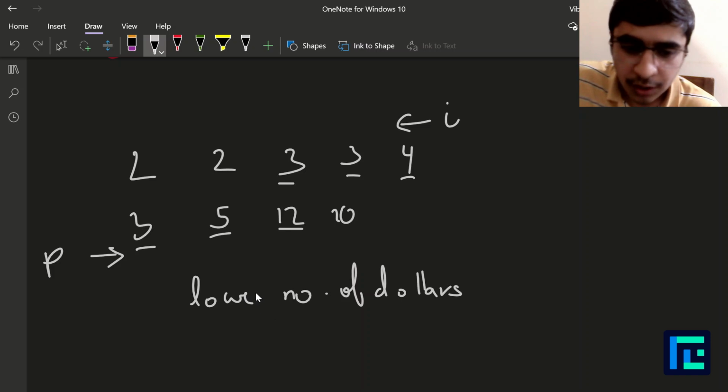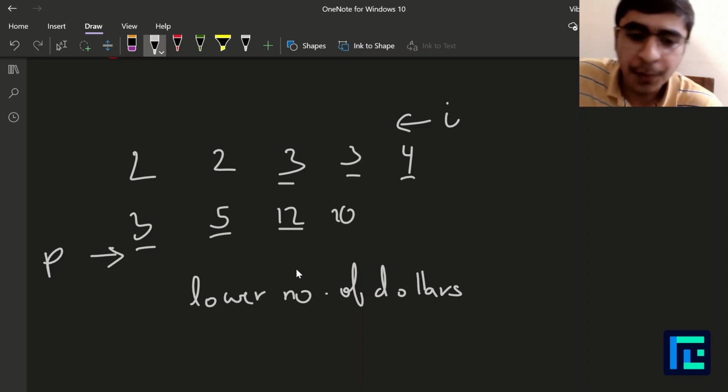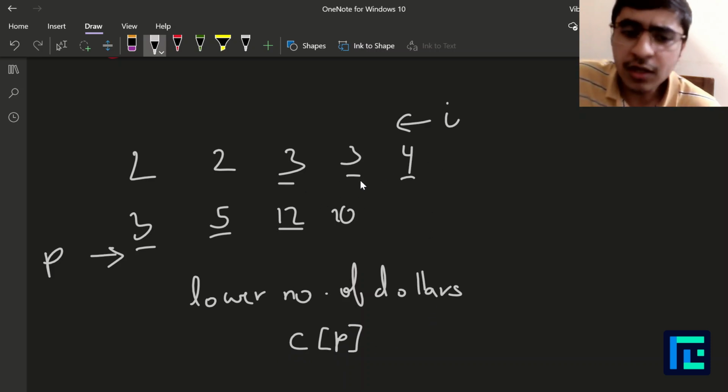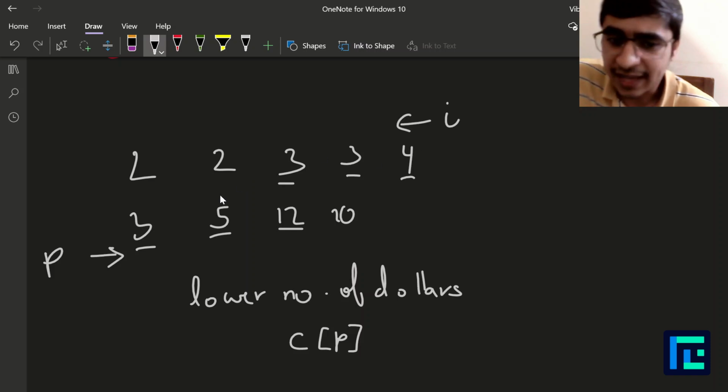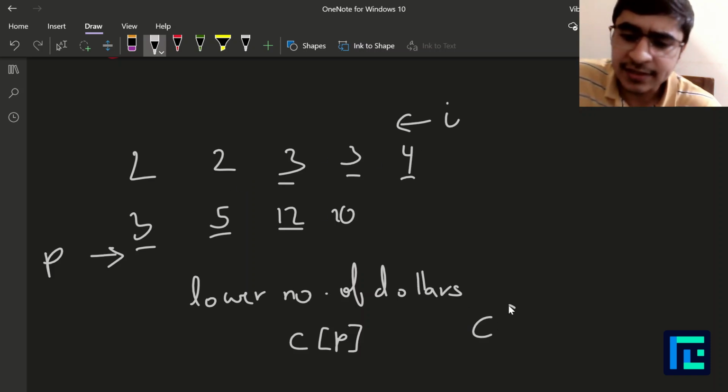How are we getting the lower number of dollars? Basically, to buy the present at the current pointer P, I would require C of P, that is the cost required. And for giving the person dollars directly, I will be requiring C of K I dollars, right?